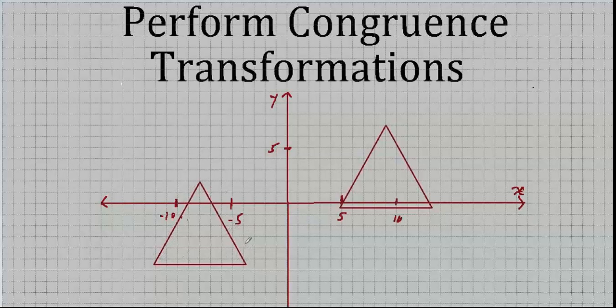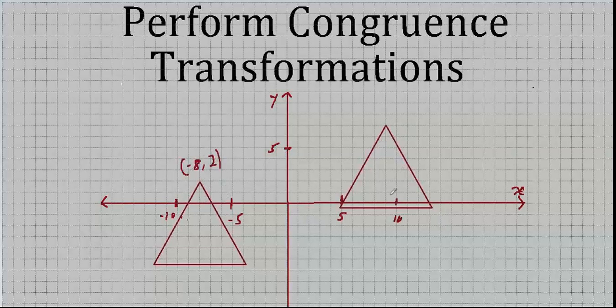So all we have to do to figure out how we move this is to pick one point. Let's try the vertex up here. This is the point, let's see here, 6, 7, looks like 8. X is minus 8 of course, and Y is 2. Where did that point end up?